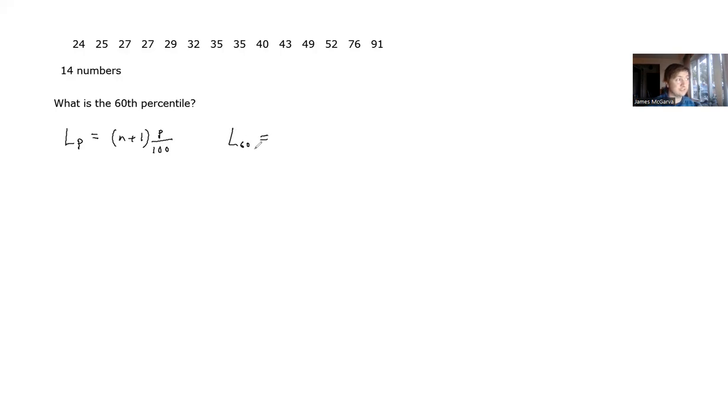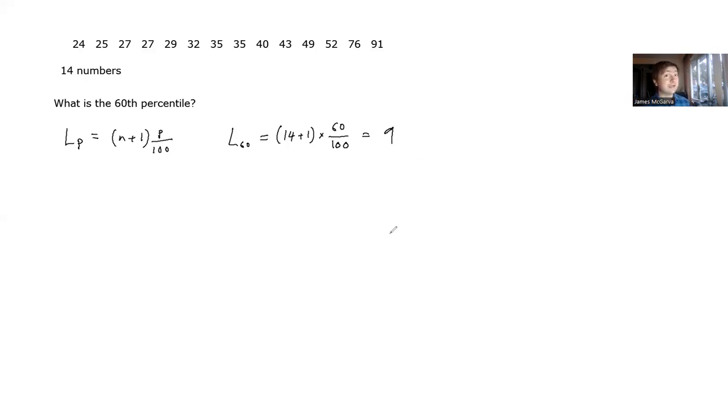So in our case, we're getting L60, the 60th percentile. The location of the 60th percentile is going to be 14 plus 1 times 60 over 100. Right, so 15 times 60 over 100 gets me 9.